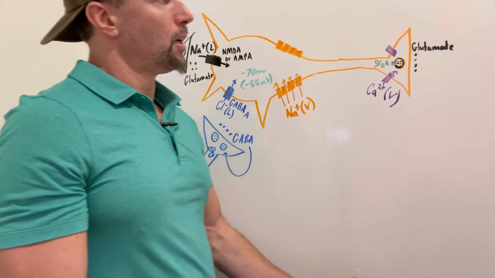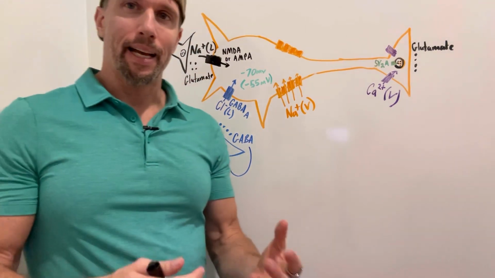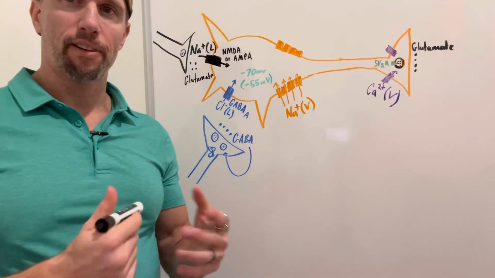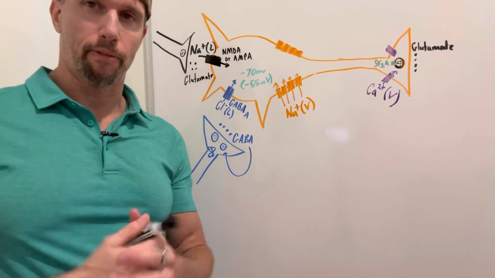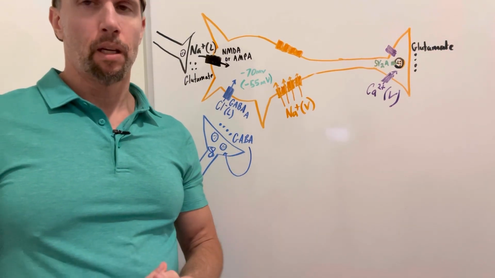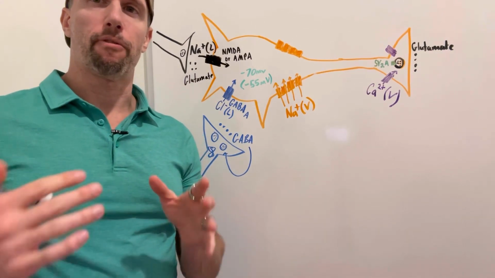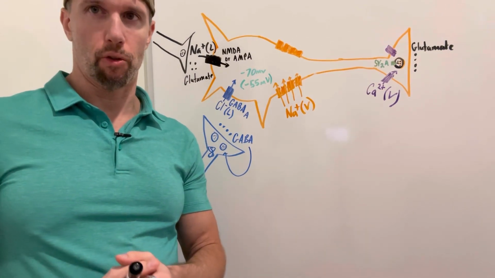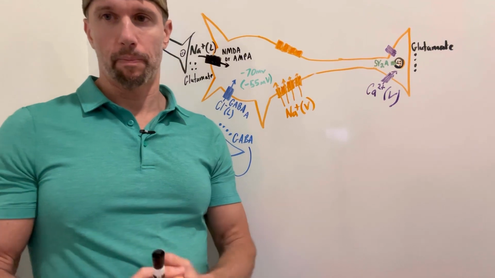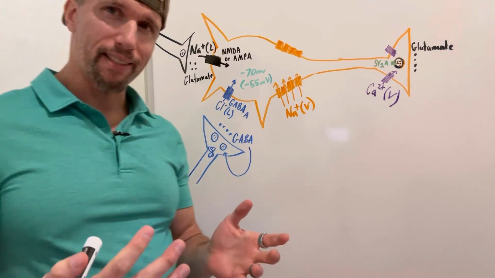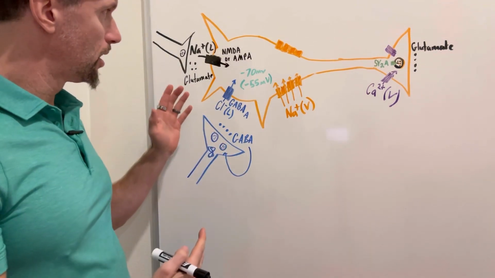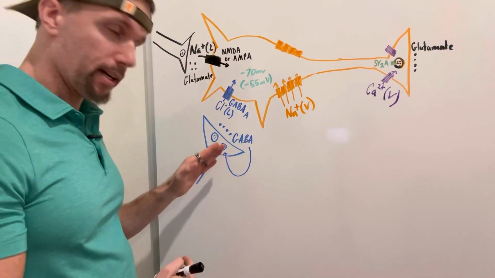And I like to bring in anti-seizure medications here because I feel like it really helps bring home all these different receptors, because it can be confusing. I want to talk about the first line drugs used for epilepsy. Whenever someone is having a seizure, they're either having too much glutamate or not enough GABA.